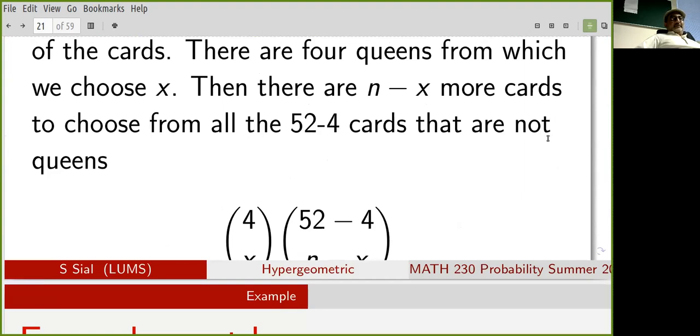We've chosen x queens, so now we have to choose n minus x other cards to make an n-card hand. So 4 choose x times 52 minus 4 choose n minus x.